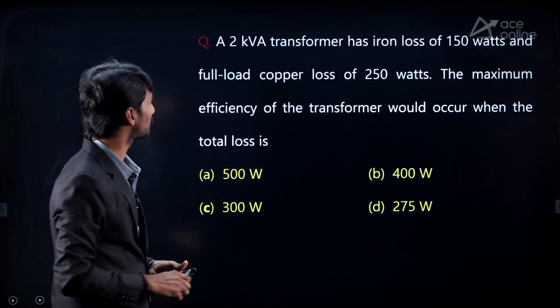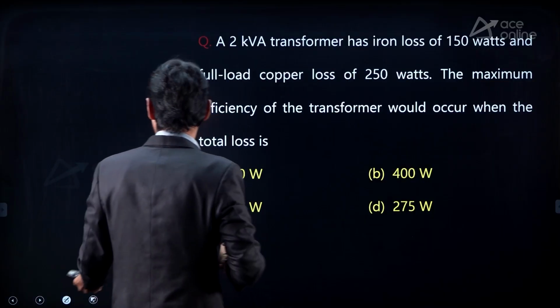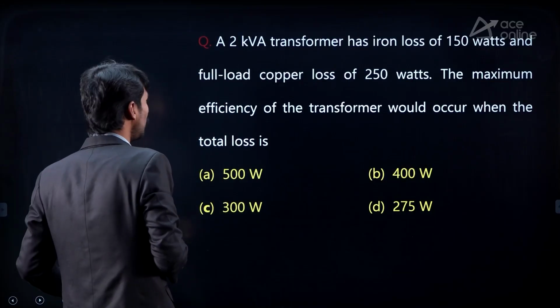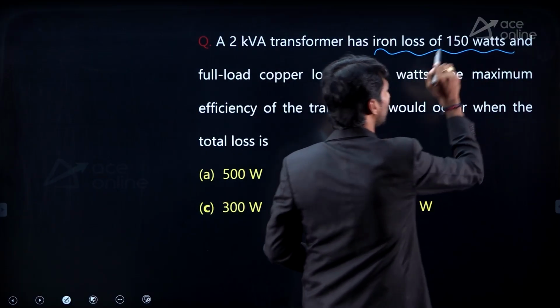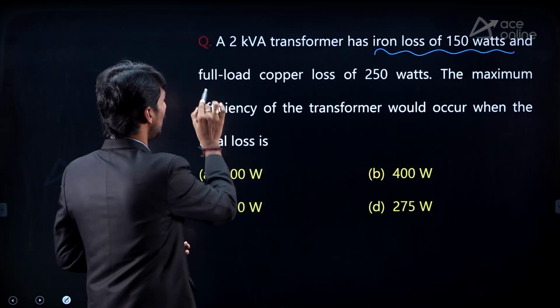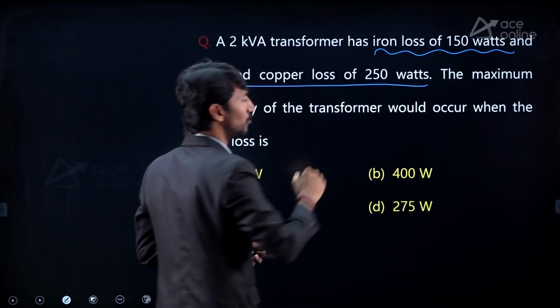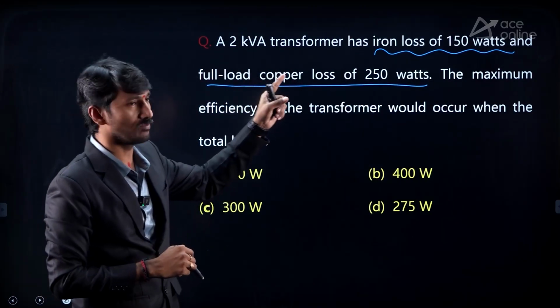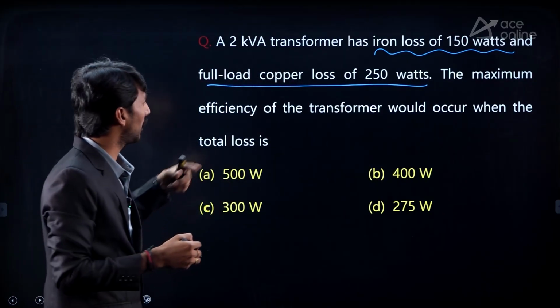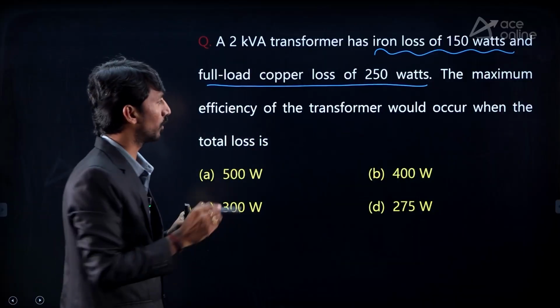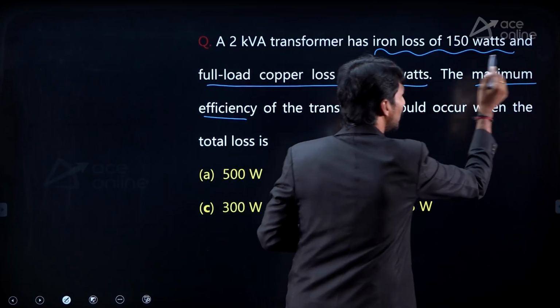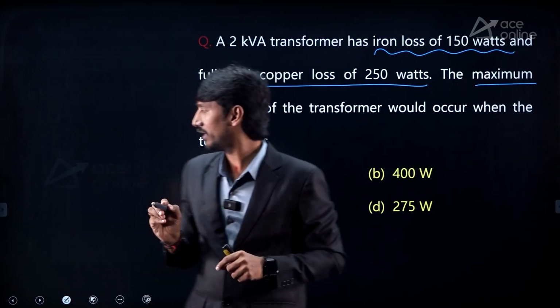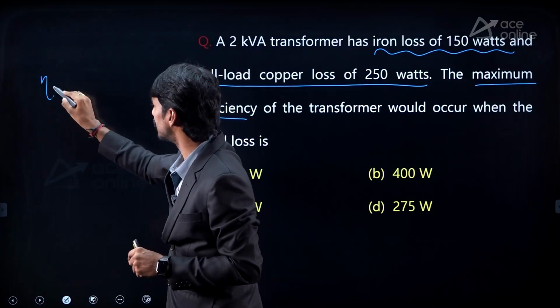Right? Next one. A 2 kVA transformer, a very, very important model. A 2 kVA transformer has an iron loss of 150 watts and a full load copper loss of 250 watts. The maximum efficiency, what is asked? We have already taken maximum efficiency.